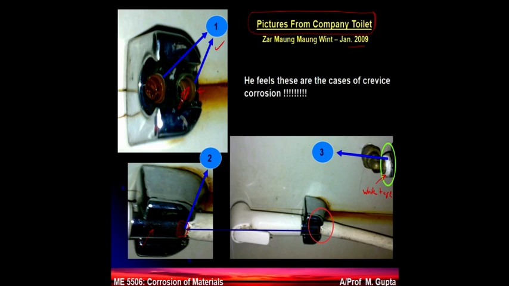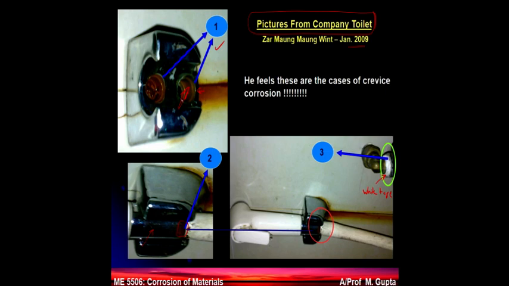So you have to first ask yourself: crevice corrosion happens because of the presence of a crevice and a stagnant situation. It's a toilet. Toilets are normally not air conditioned. Humidity levels are quite high, right? So the water can always go in the gap and condense there. So it's a kind of stagnant situation, and inside the crevice it's going to corrode.